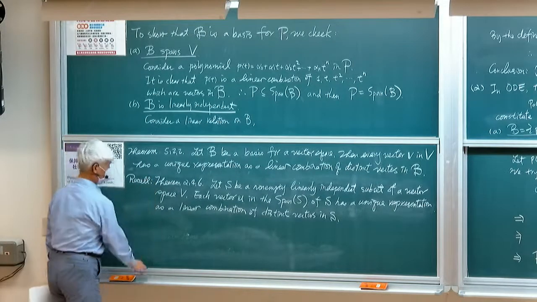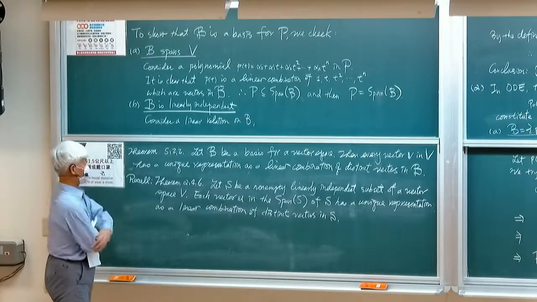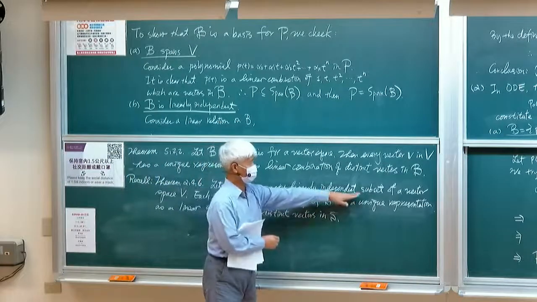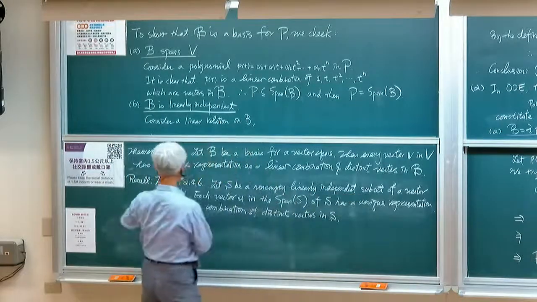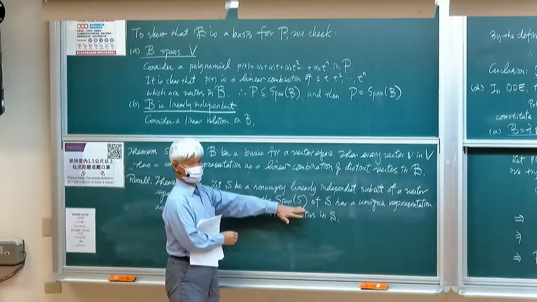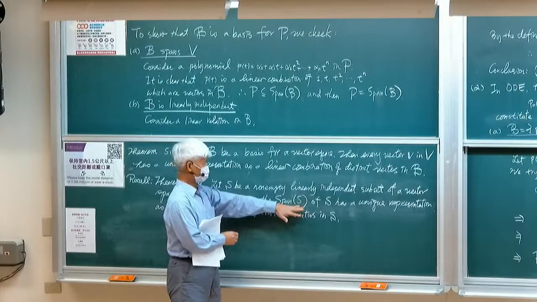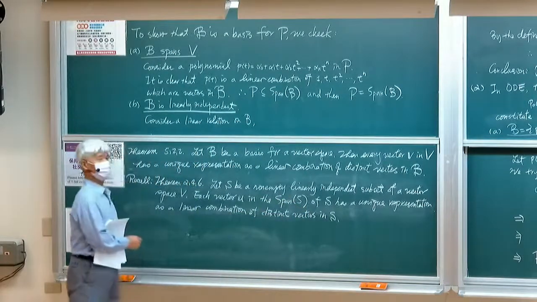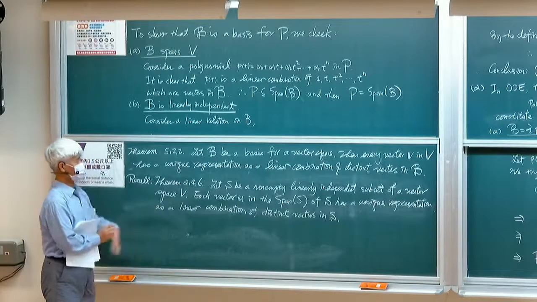So in chapter 2, we proved the theorem here. S is a non-empty, linearly independent subset of a vector space V, and each vector in the span of S has a unique representation as a linear combination of the distinct vectors.